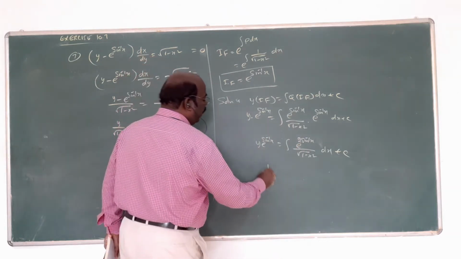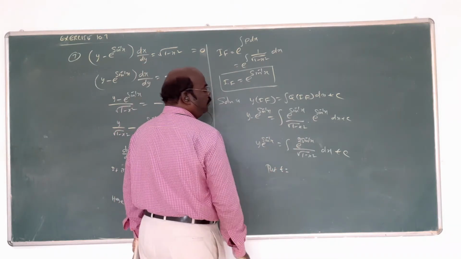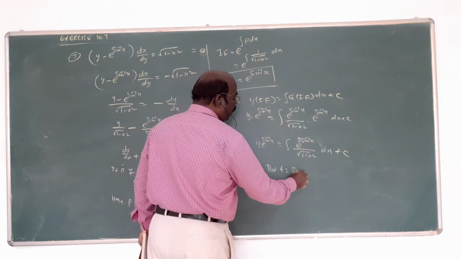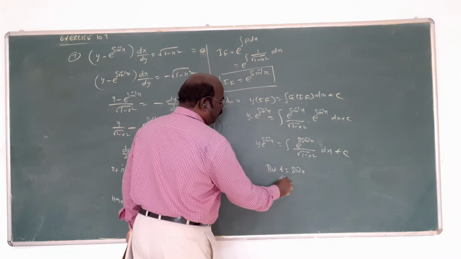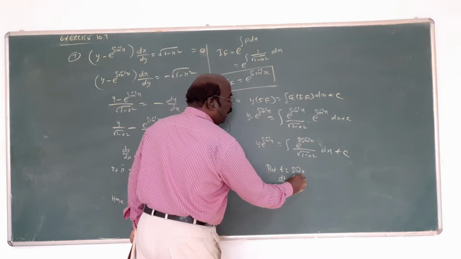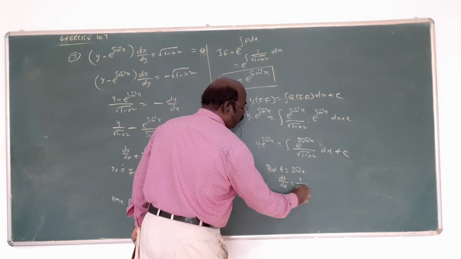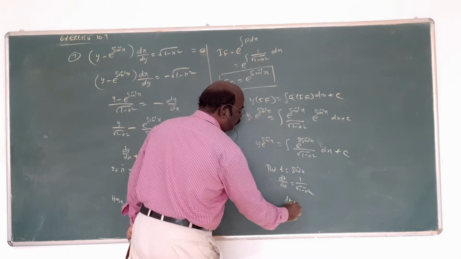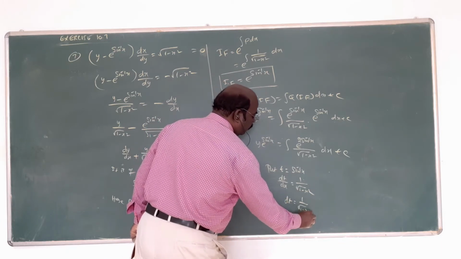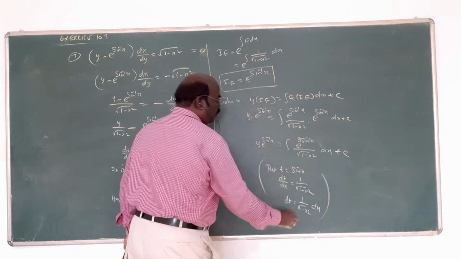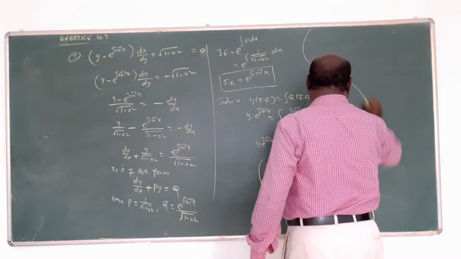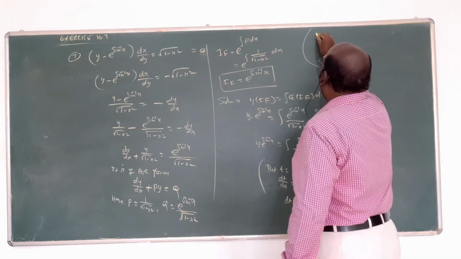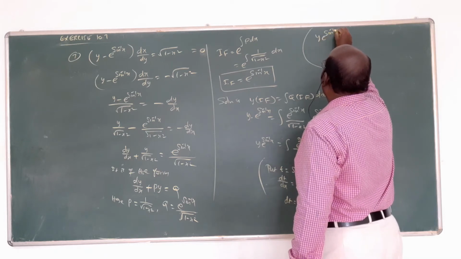That's why we use the substitution method: put t equal to sin⁻¹x. The differential of this is 1 by root of 1 minus x square, cross multiply. Now substitute here. Left hand side is the same.